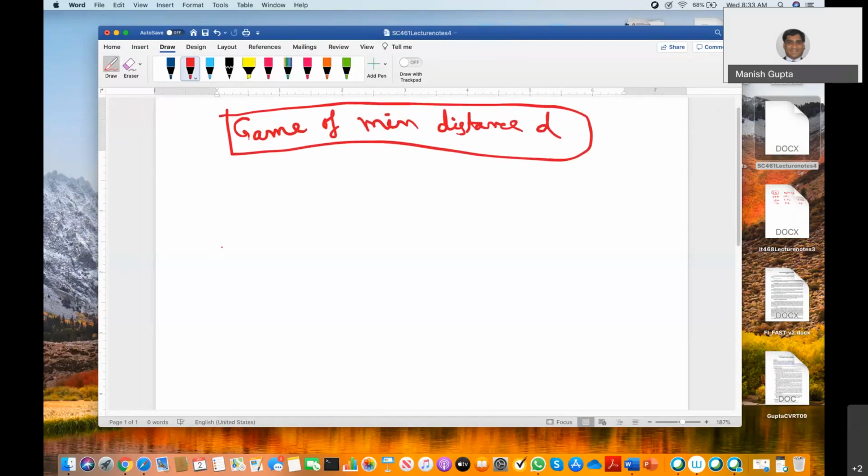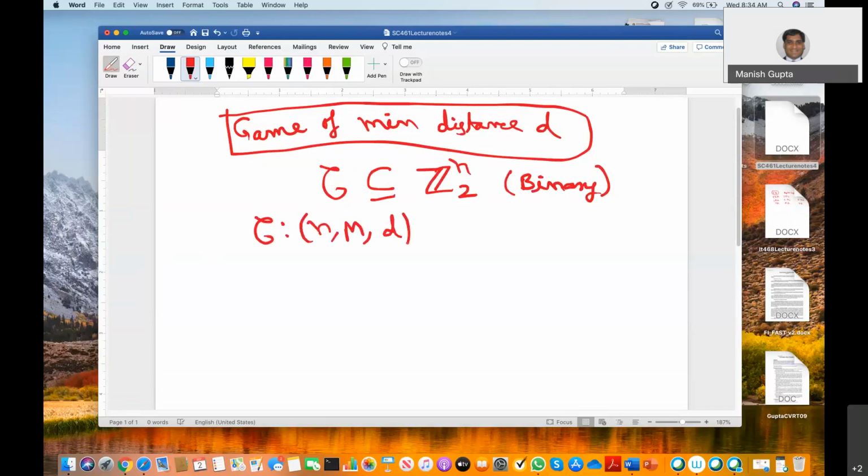So we were looking at a code. I am assuming that our code is simply a subset of Z2 raised to the power n, a binary code I am taking. So C is specified by the parameters n, capital M, and d.